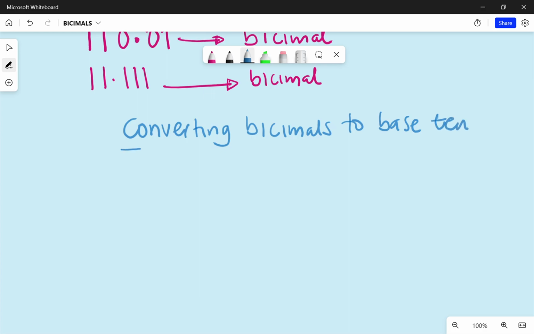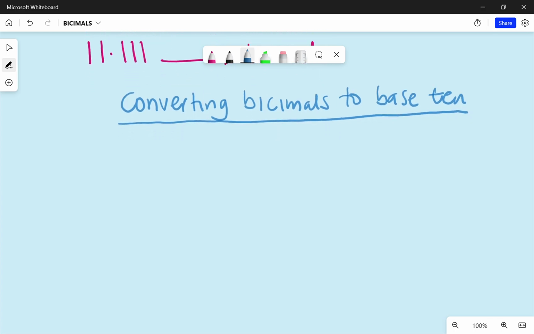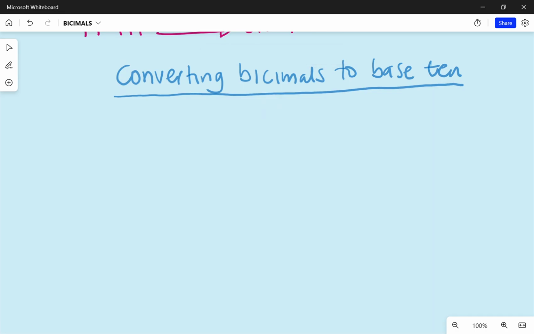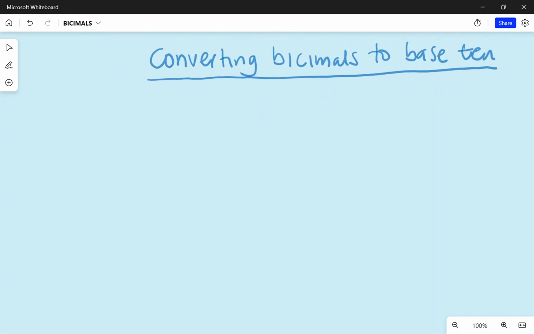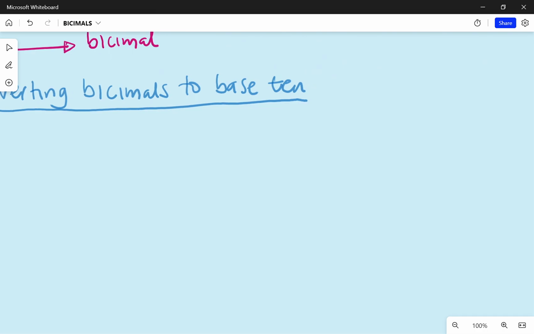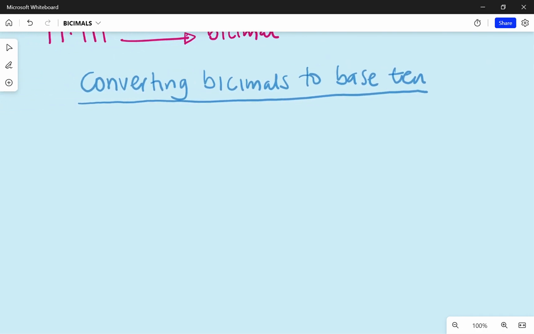Here I have come up with what I'm calling a conversion system, a conversion table. But before that, let's just look at this.